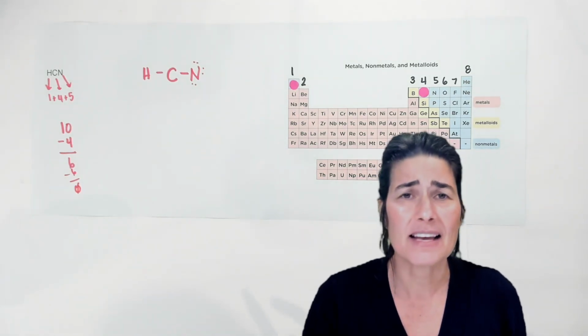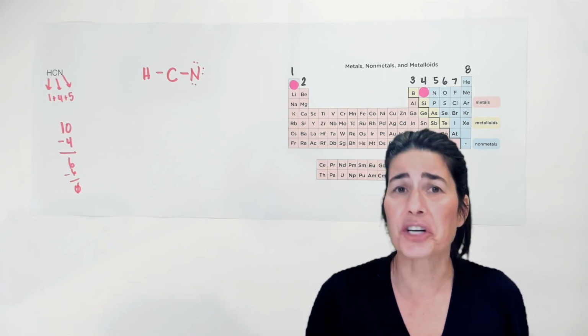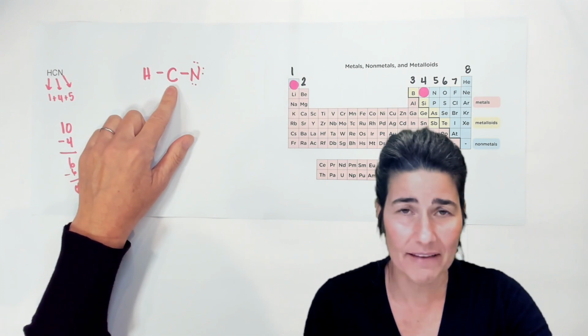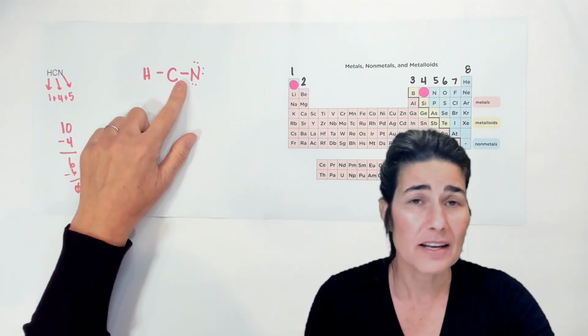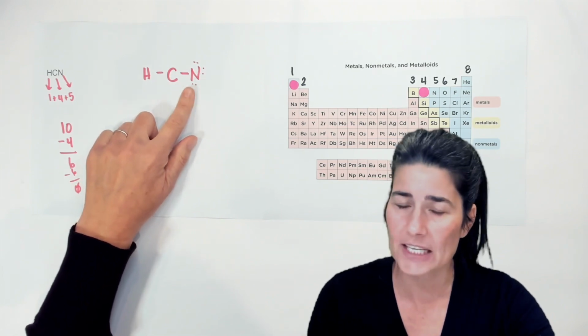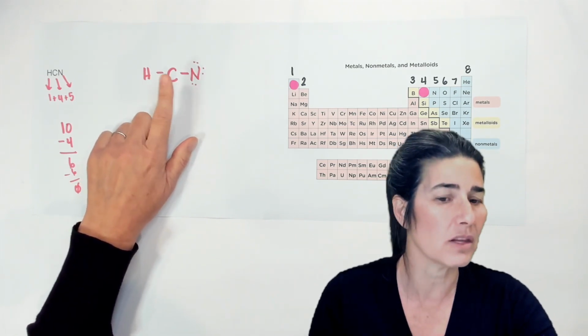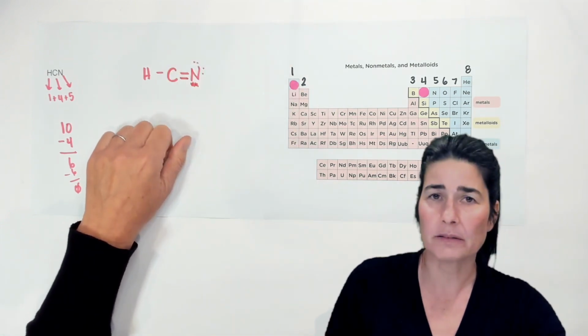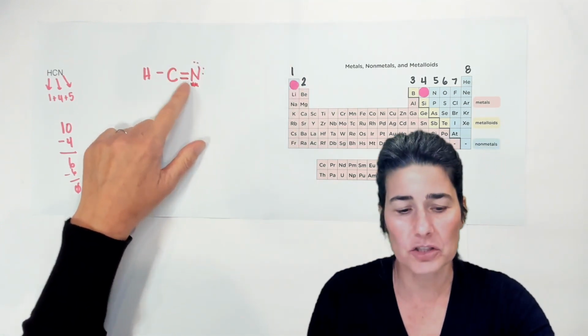Step 5 says, check, does your center have an octet? If you look at your center, it does not have 8. It only has 2, 4. So we're supposed to swipe from the rich, nitrogen's rich, and share with the poor. I'm going to swipe from my rich and share with my poor. Okay, carbon's still not good, 2, 4, 6.